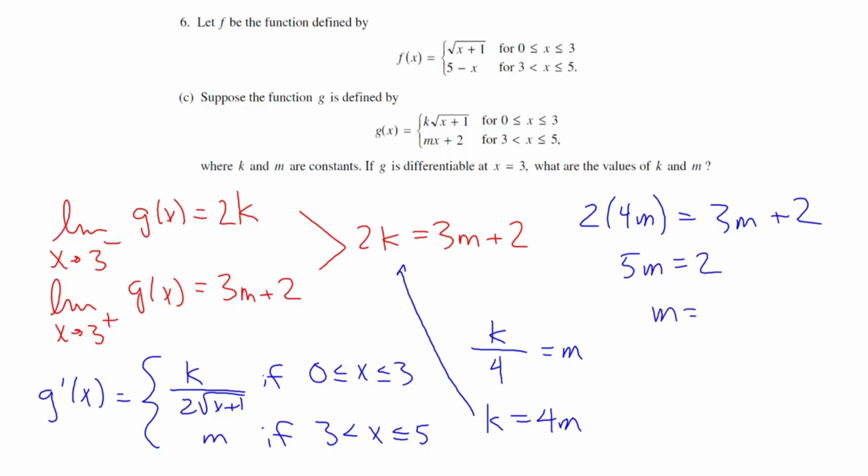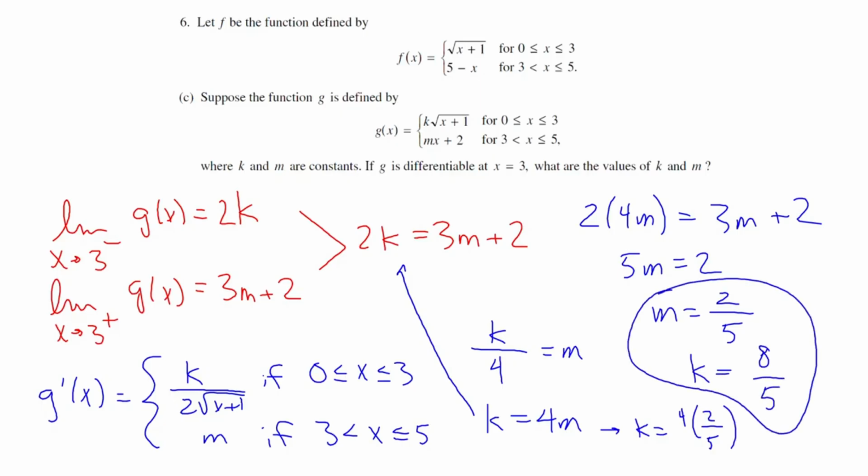So m must be 2/5. And if m is 2/5, then k is equal to 4 times 2/5, which is 8/5. And those are our values of m and k.